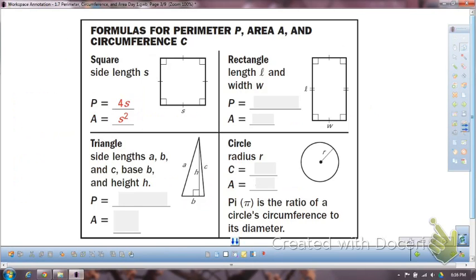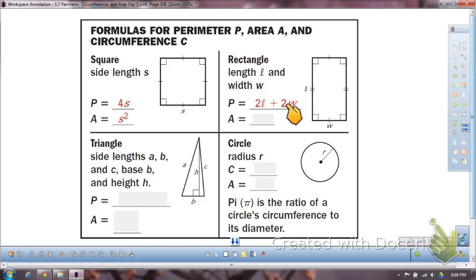Let's move over to the rectangle. A rectangle has length L and width W. So keep in mind that this one is a little bit more complex than the square, but it's still not too bad. The perimeter is actually 2L plus 2W. Now remember, you have the two lengths that are congruent, so that's how you get your 2L's.